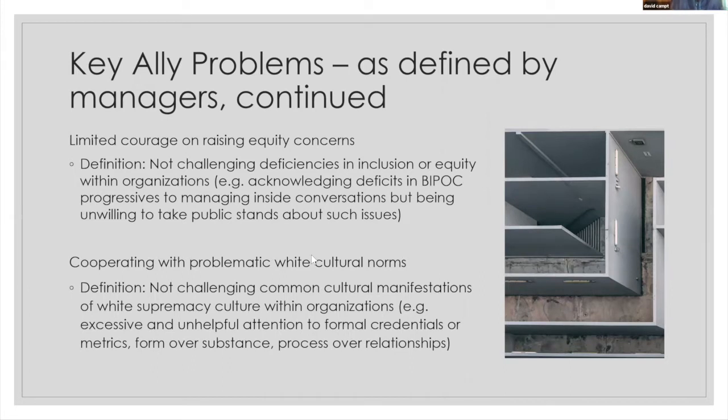Or an excessive attention to formal credentials as opposed to people's capacity to get the job done. Or super attention to metrics that are hard to really account for and can be tangentially related to actually getting the work done. So cooperating with these potentially problematic cultural norms might be another one. Next slide.